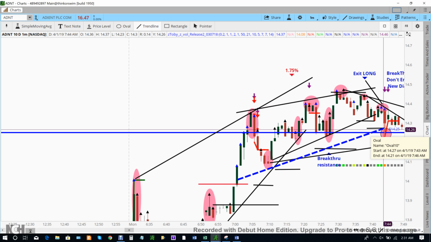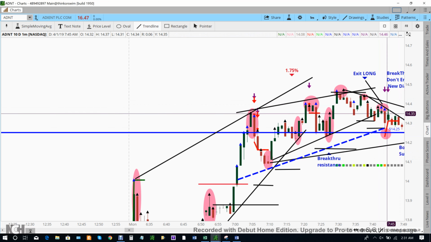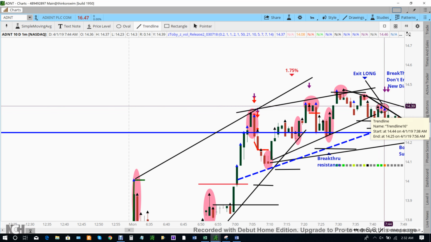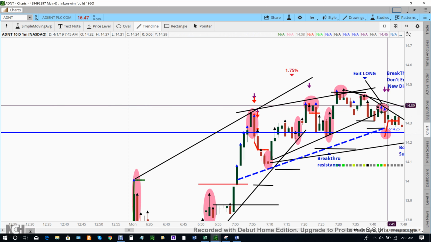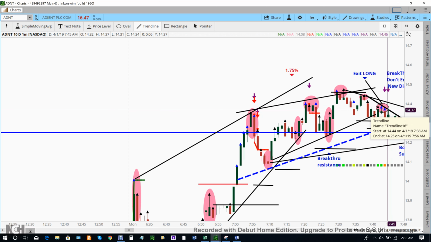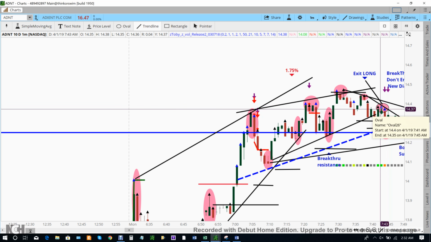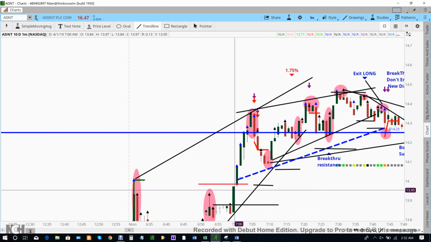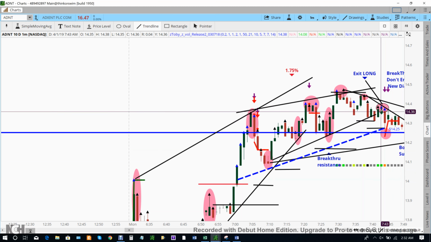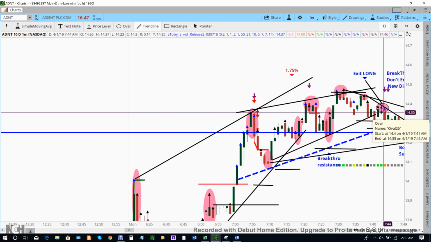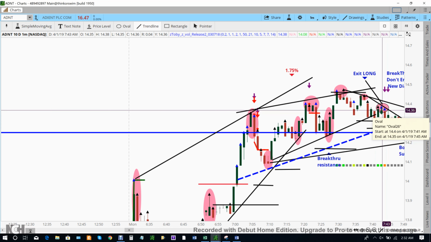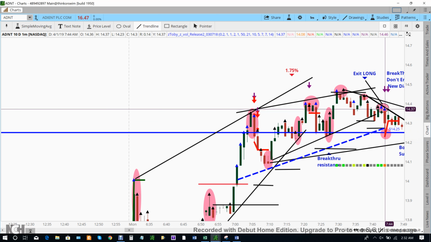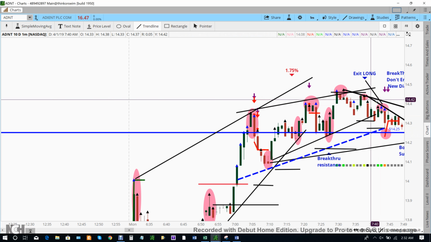At any rate, you'll notice that we have double blue triangles here, and this is like the major double volume right here. What that means is all those people that were making profits here, like me, were getting out. They are exiting the long. So a bunch of people are selling, and now the price is going to start going down.